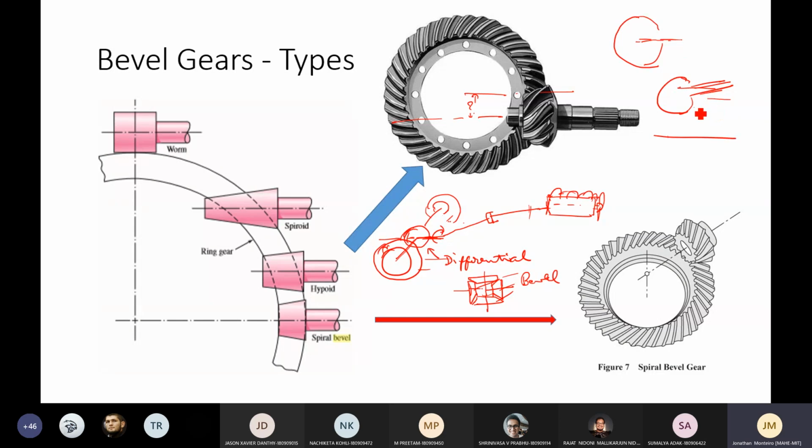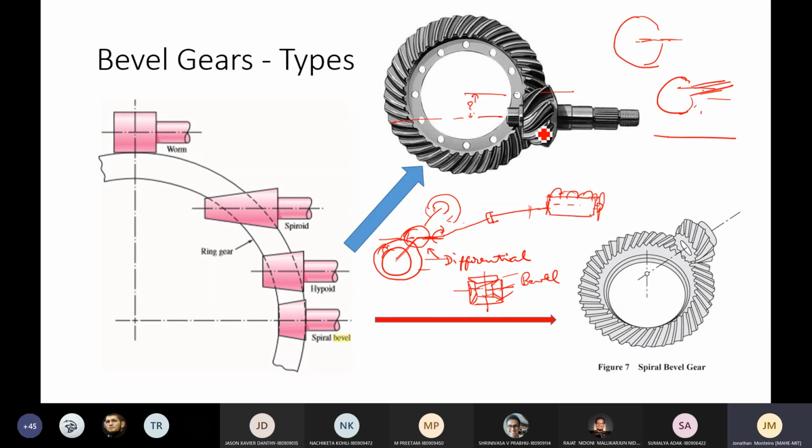If you want to shift this entirely over here, then we would definitely like to go with either a spiroid gear or a hypoid gear, but mostly hypoid is used because the spiral nature of the gears must be somewhat okay in order to bear the load. And what effect does it have on power transmitted? Power transmission is slightly affected.